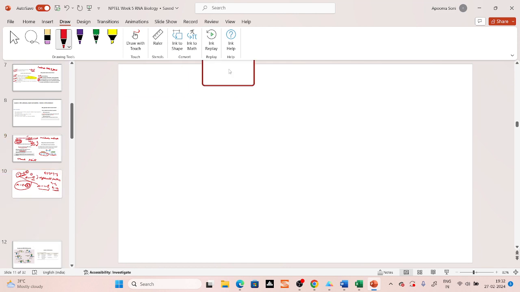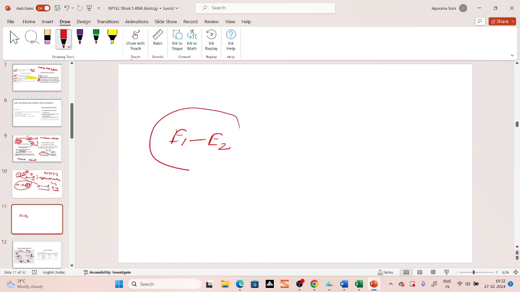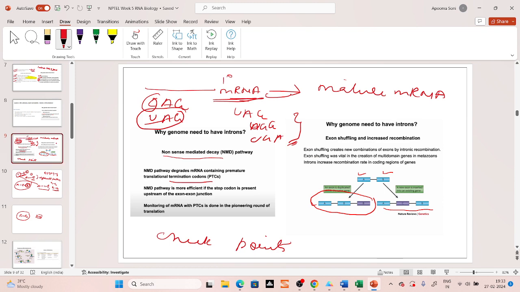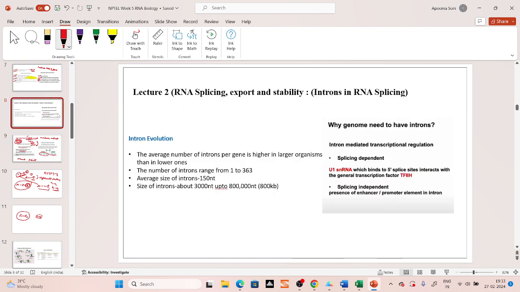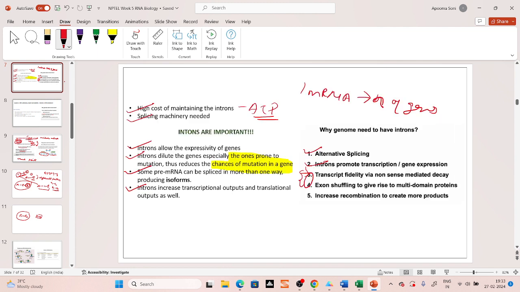Earlier, if E1 always binds with E2, there is just this, and suppose another gene is there where A1 only binds with A2, there is just one pattern of recombination between the two genes. But if E1 can bind with E4, or even E1 E2, or even E2 E2, or any other gene is coming in between, see, so many types of exon shuffling and that many types of recombinations. So that is the meaning. So that is why introns are so much needed. I give a little more time in this topic because it is an important point to understand.